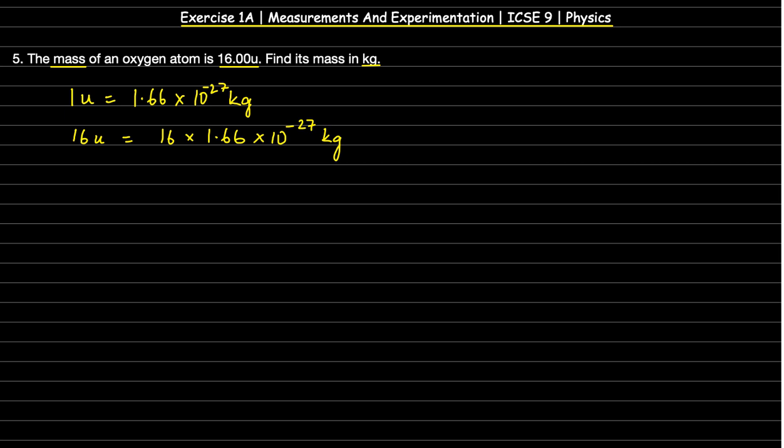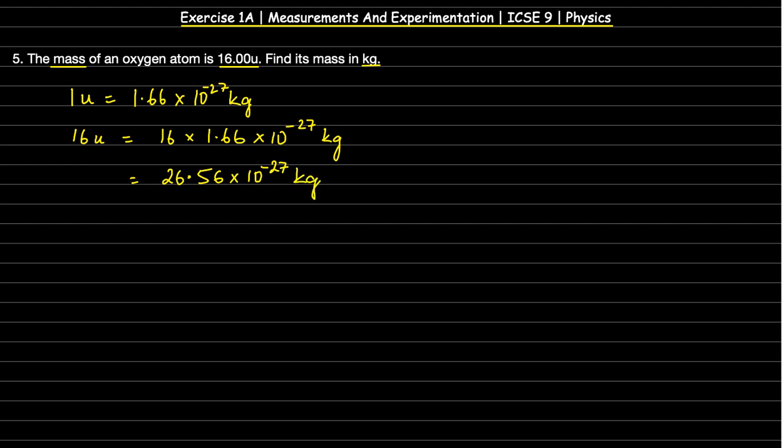So we get this as 26.56 into 10 to the power of minus 27 kg.